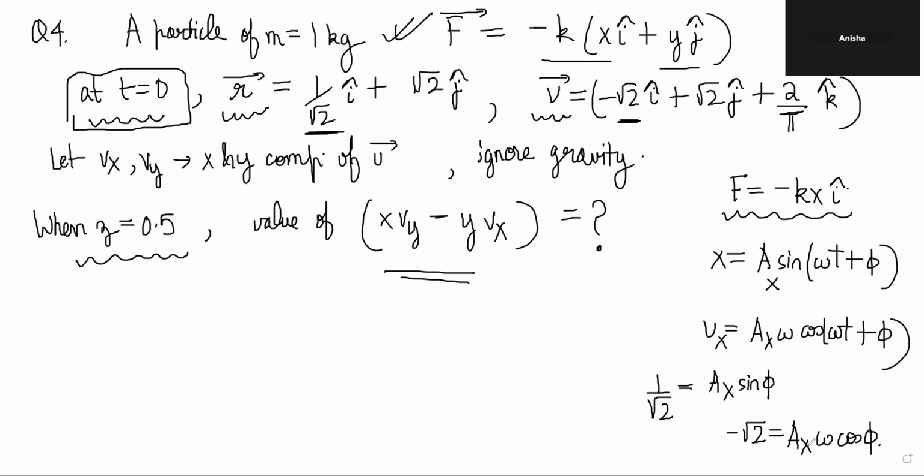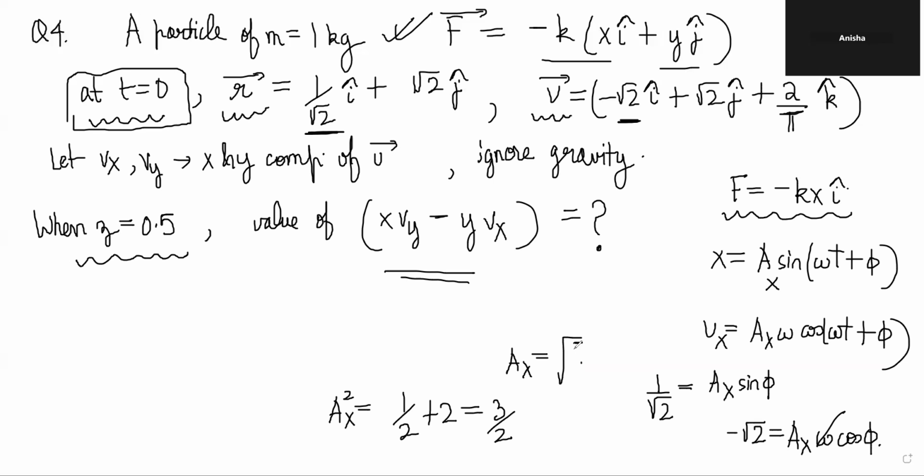Based on this, we can square and add to get Ax squared. We'll get Ax² = 1/2 + 2, so 5/2. Ax is the whole under root of 5/2.